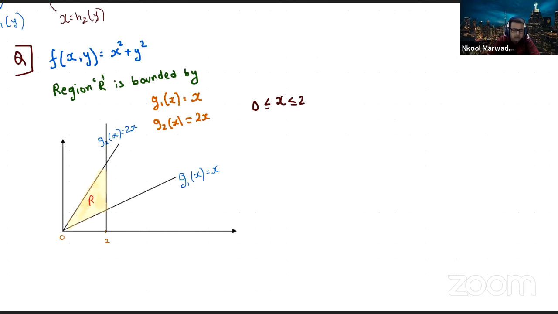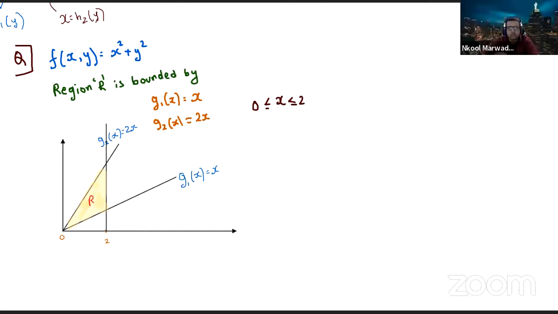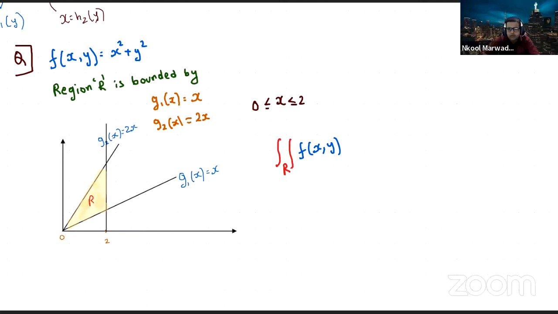Now let us evaluate it using the integration method. So what we have to evaluate is the double integral over the region R for the function f of x comma y, dA. This is what we have to calculate. And we know the formula for this is something like this.